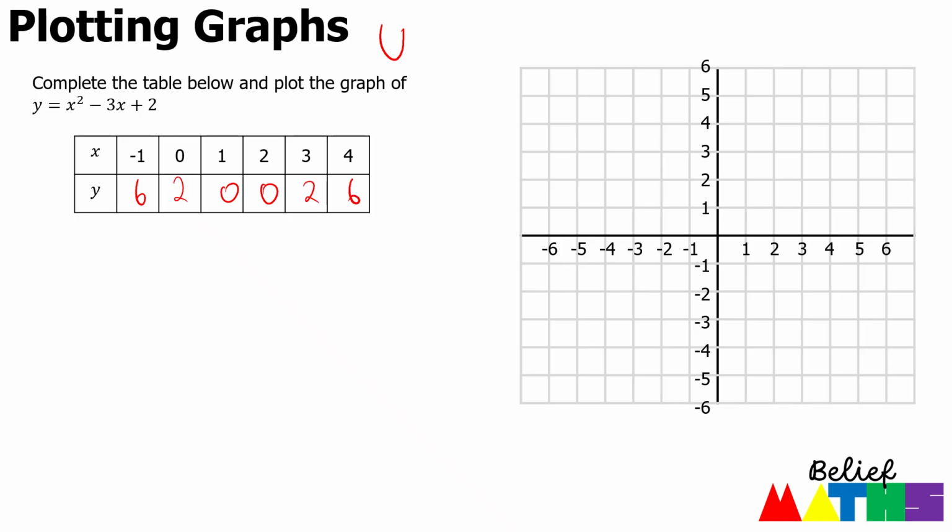And you'll often see that this will happen. It'll repeat the pattern. So therefore, if we go to minus 1 and 6, 0, 2, 1, 0, 2, 0, 3, 2, and 4, 6. Now, we need to be conscious because these 2 points are side by side, so we need to make sure we don't just flatten out the bottom of this.